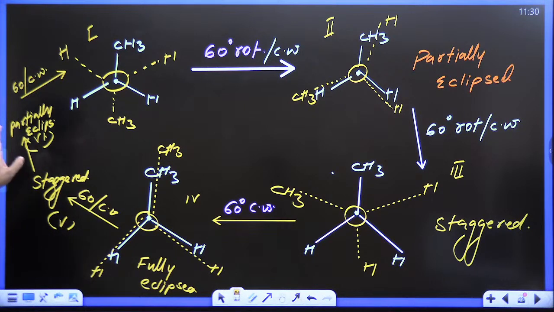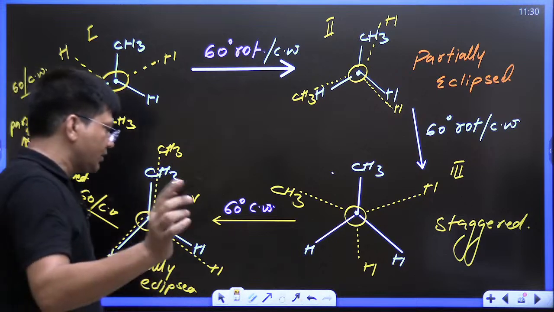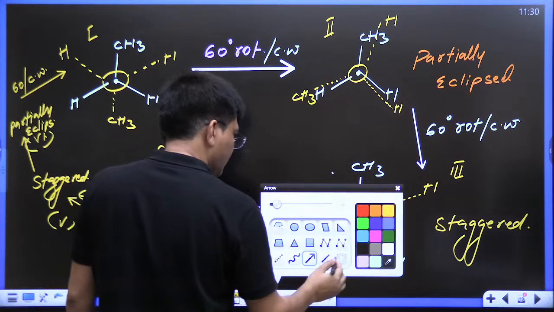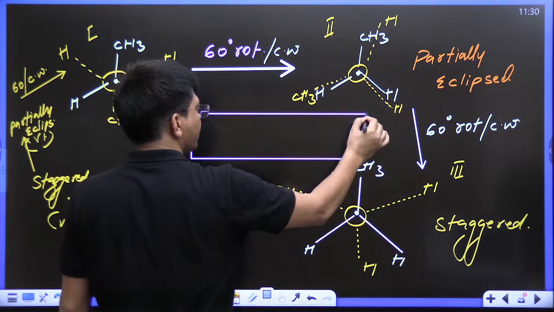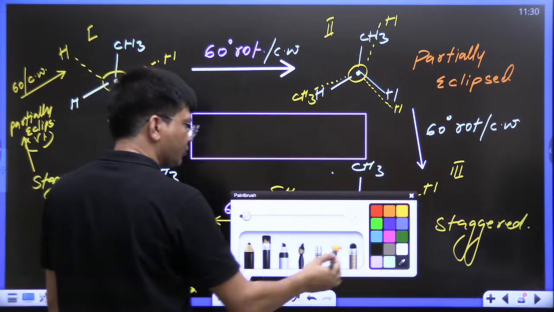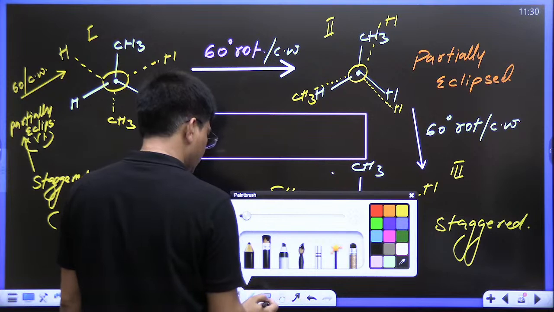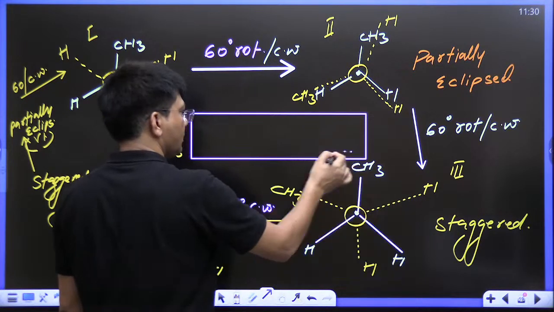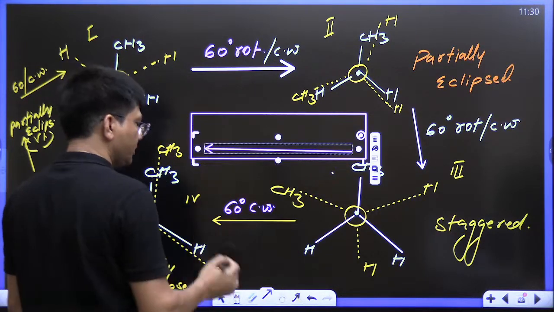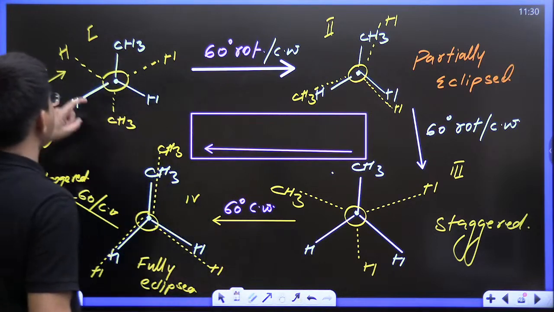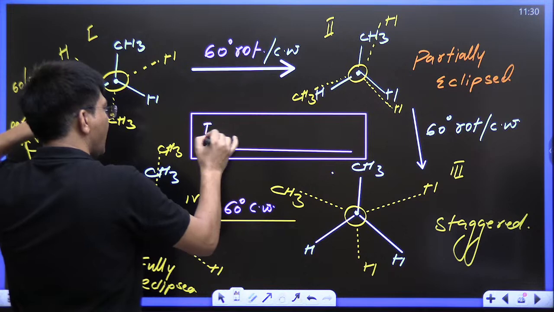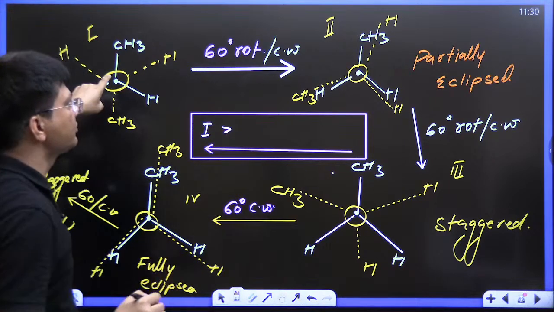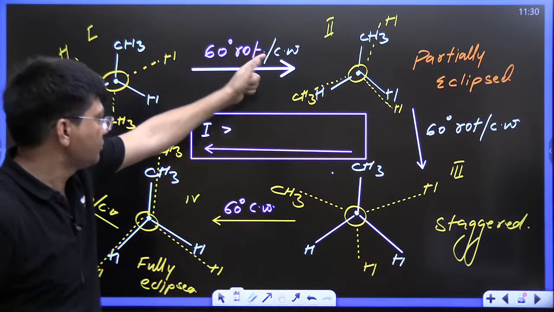If you are going to write which is more stable, I will let you know. Kids, first of all, if I write stability, what should I write? Suppose which one is going to be most stable. The most stable is this one. First form is most stable. After the first, which one is going to be stable? See kids, not that one, this one.